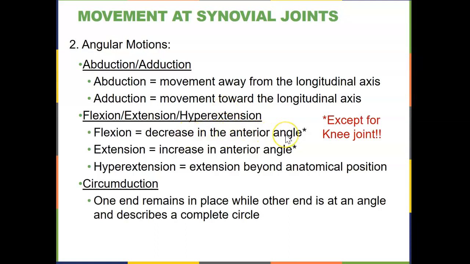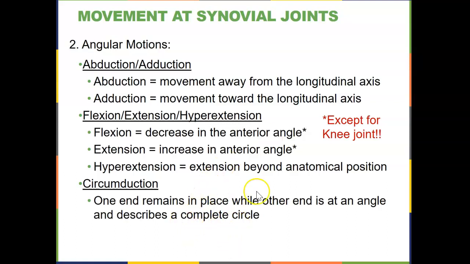Flexion is decreasing the angle. That would be like if you're standing straight and raising your hand to scratch your shoulder. That is flexion. Extension is increasing the angle of your elbow in that particular case. So flexion is decreasing the angle of the elbow where you use your hand to scratch your shoulder. Extension is increasing it where you're allowing your hands to hang at the side of your body.